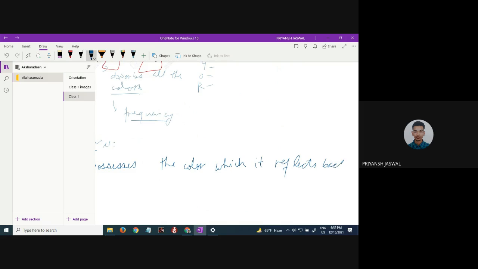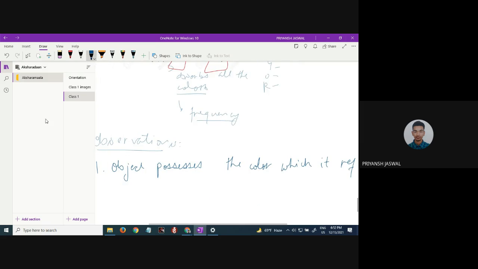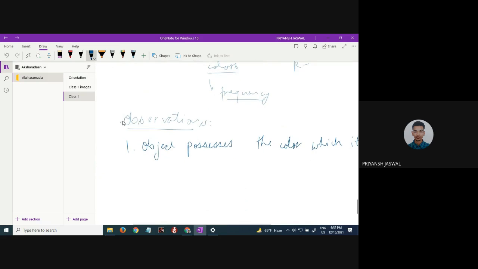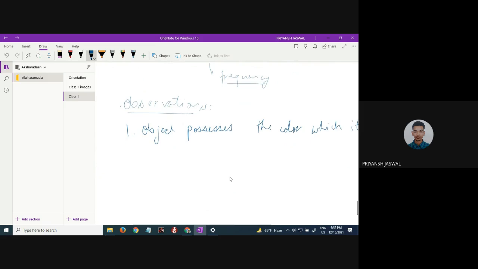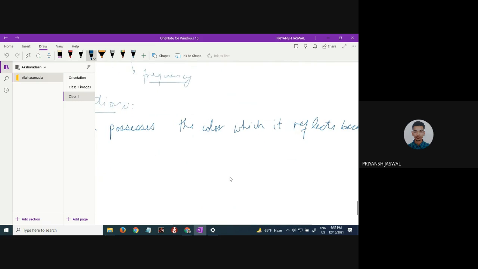So basically, it's not the material which possesses the color, but the object possesses the color which it reflects back. So it is basically the light which is being reflected from that surface.